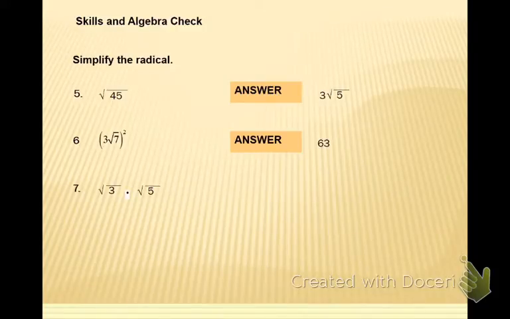Okay, radical 3 times radical 5. Go ahead and do that one real quick.